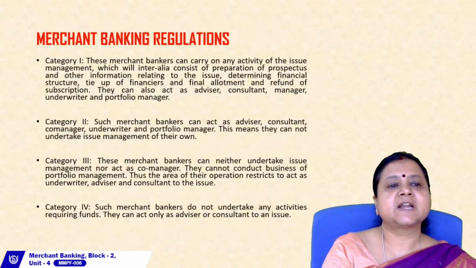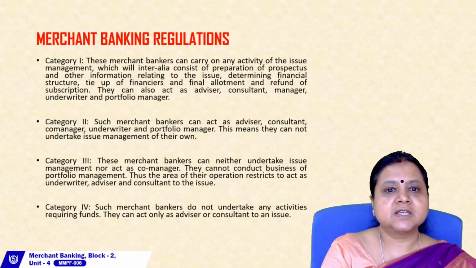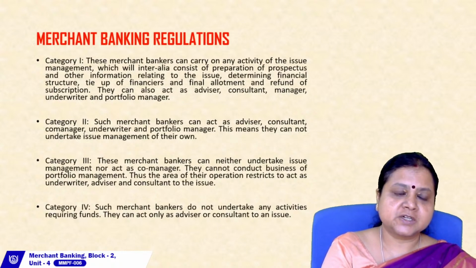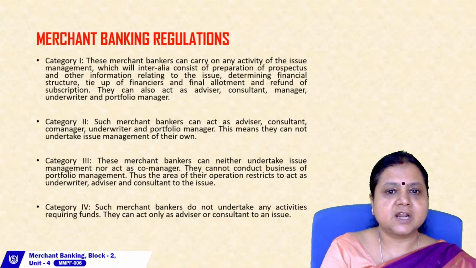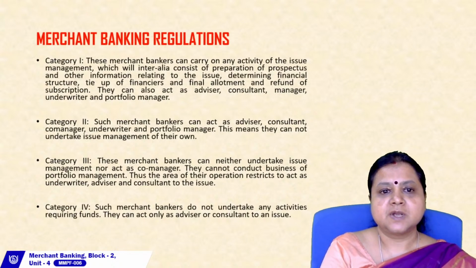Now, what are these categories? The first category is these merchant bankers can carry on any activity of the issue management, which will inter alia consist of preparation of the prospectus and other information relating to the issue, determining financial structure, tie-ups for financiers, and the final allotment and refund of the subscription.